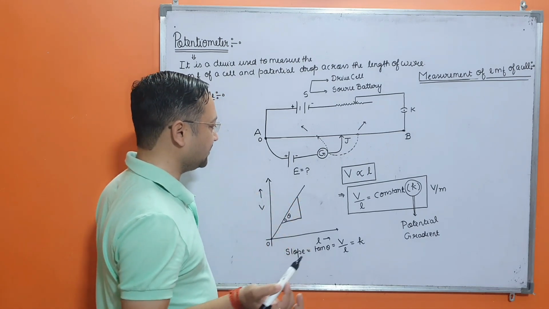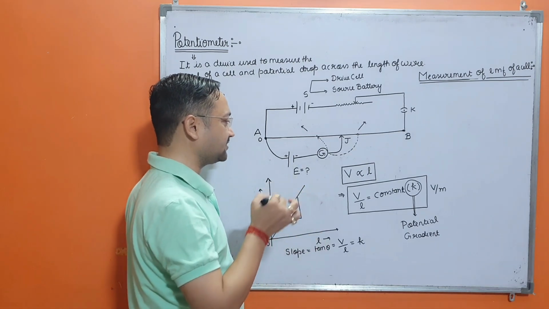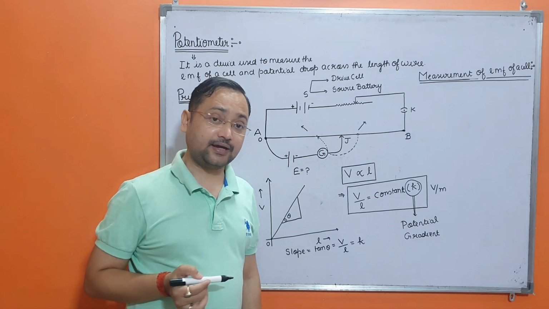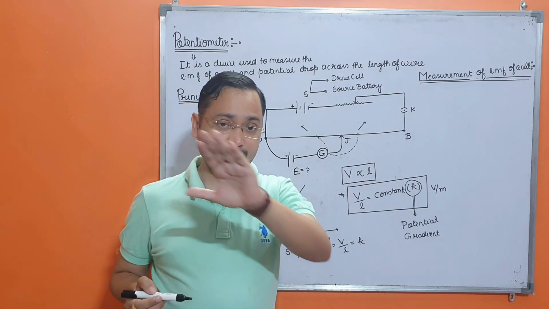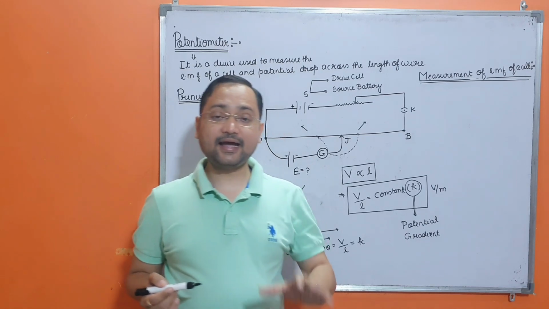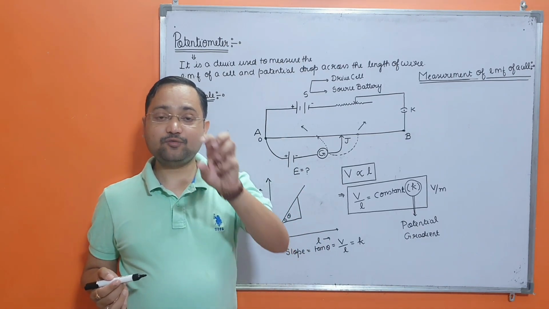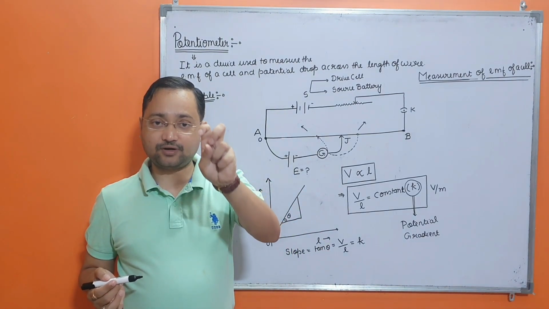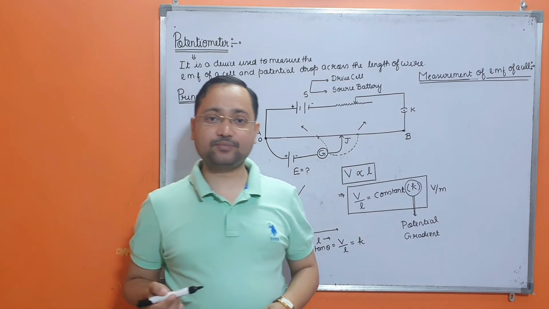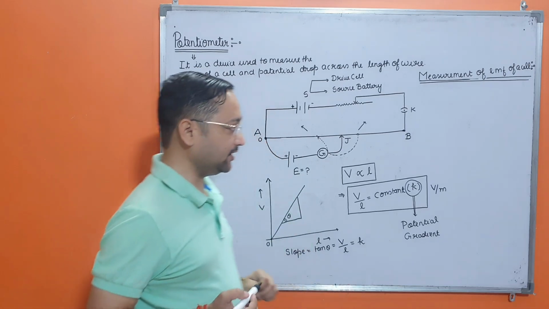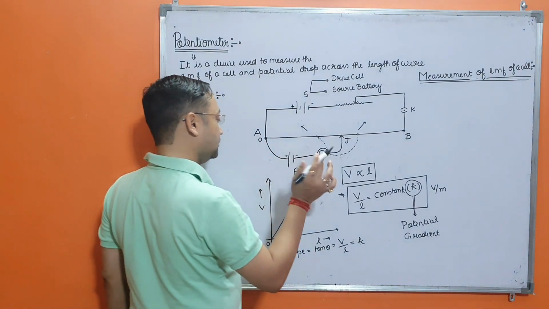So again beta, I am coming to my point. First I have said, what do you mean by the null point? The point on the potentiometer wire at which there will be no deflection in the galvanometer. And when you get the null point, what is the significance? At the null point you are getting the value of the EMF of the cell, which I have explained to you.